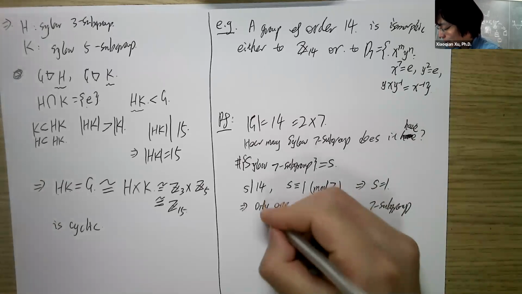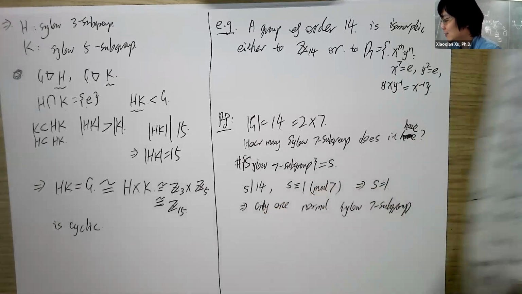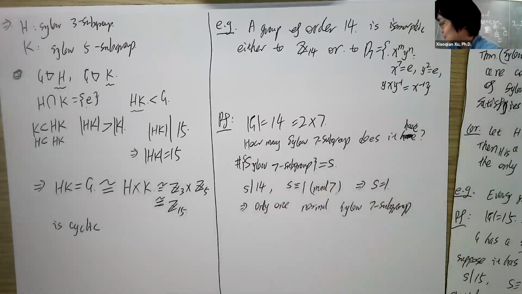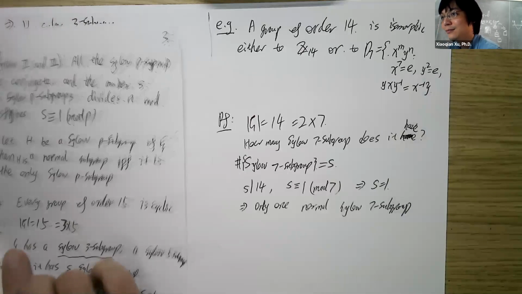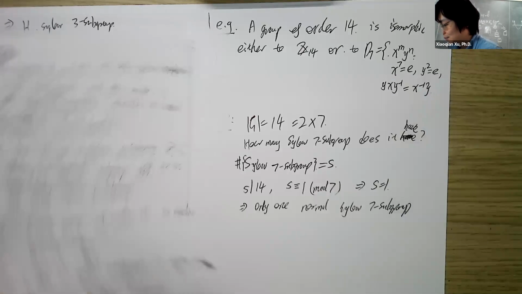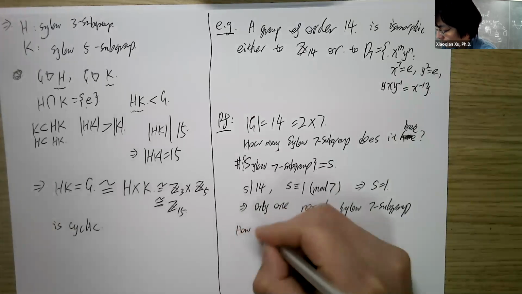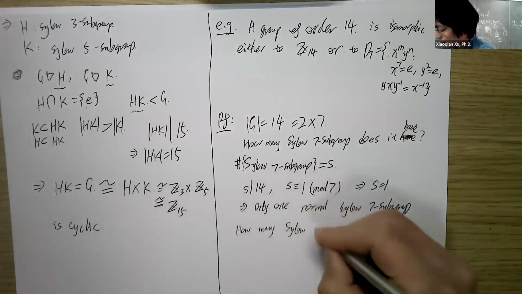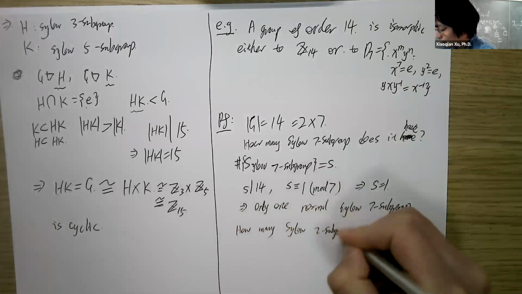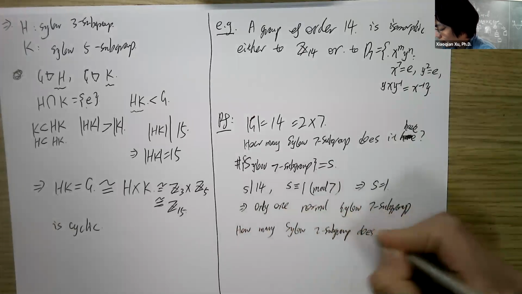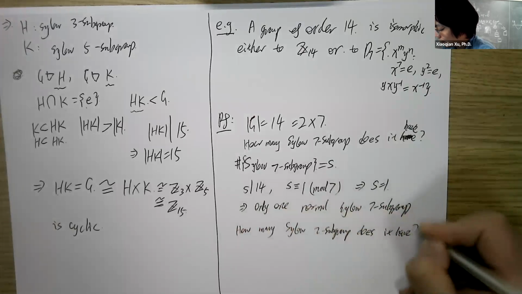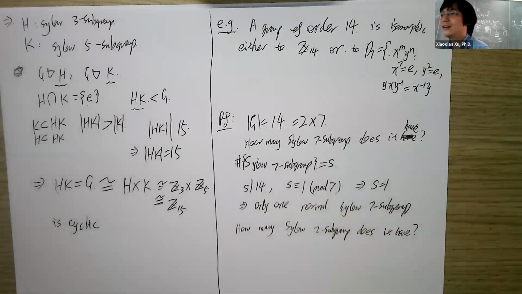That's easy, or at least not so hard, as long as we can read the Sylow theorems. Okay, how about Sylow 2-subgroups? How many Sylow 2-subgroups does it have?